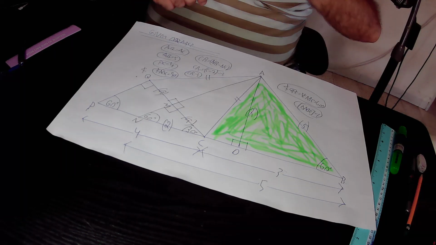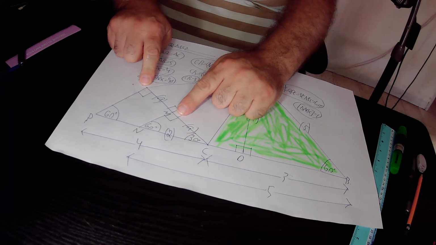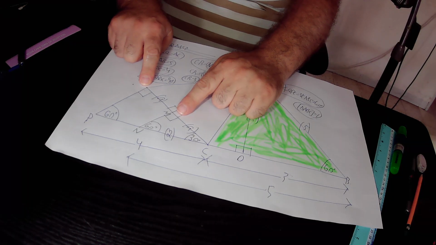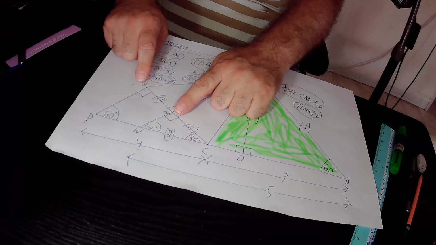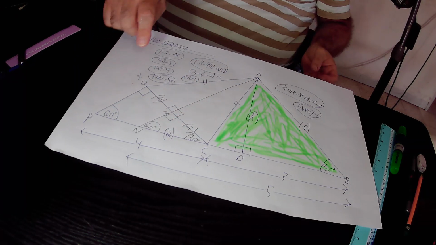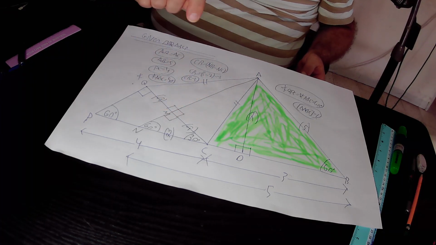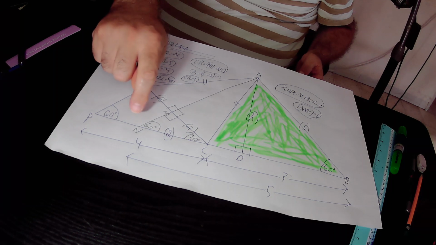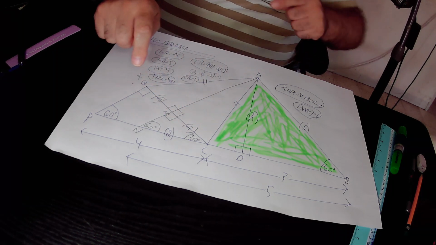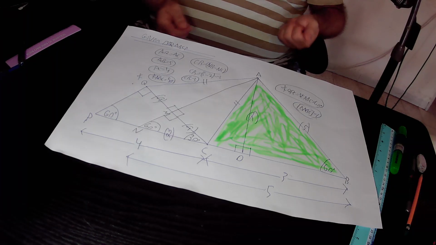In addition, those two angles are both equal to 90 degrees and therefore they are equal to each other. And finally, those two angles are both equal to 60 degrees and therefore they are equal to each other. So we proved that all the angles of the big right triangle PQC are correspondingly equal to all the angles of the small right triangle NMC, and therefore those two right triangles are similar to each other according to the angle similarity rule.